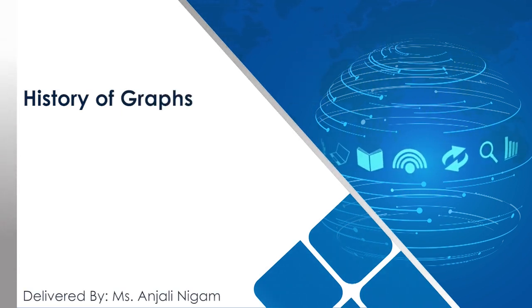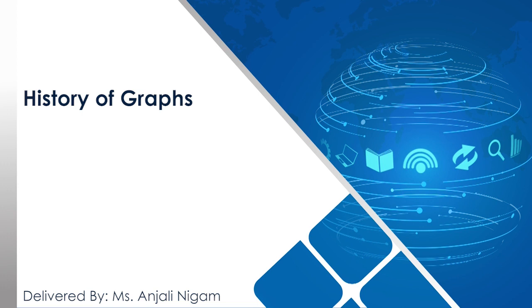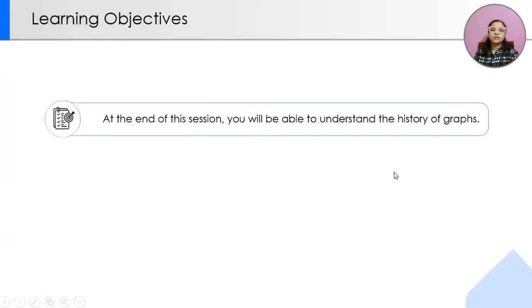We need to know how graph theory emerged as a subject and how it helps us to solve our real life problems. So the learning objective says that at the end of this session, you will be able to understand the history of graphs. We will study who gave us the first theorem, what problem he was working on, and what his conclusions were after his given theory.